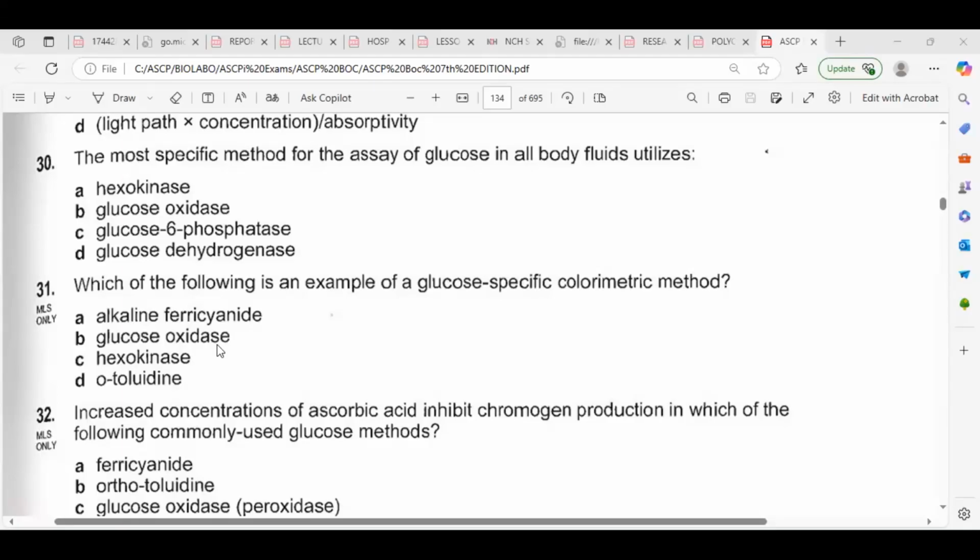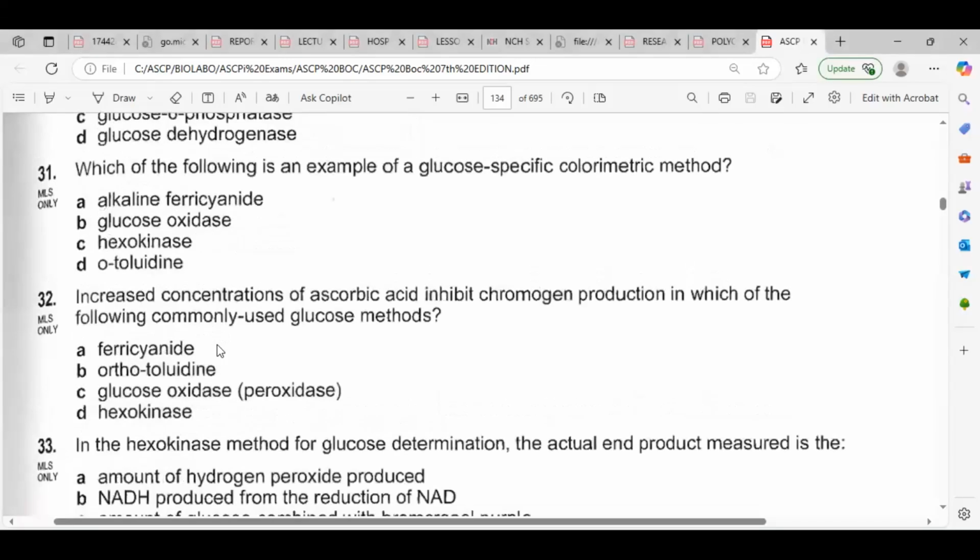Then we have question number 32. Excuse me, Monica. On that particular question, when we look at the pathway of the reaction of glucose oxidase, the breakdown of glucose in presence of oxygen, I mean, in presence of water, releases gluconic acid and hydrogen peroxide.